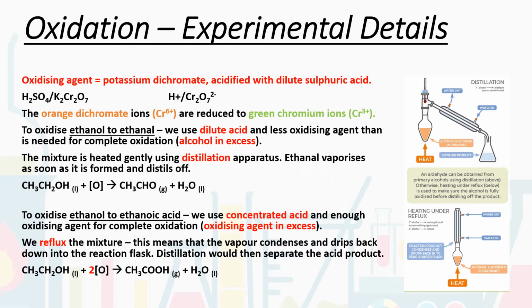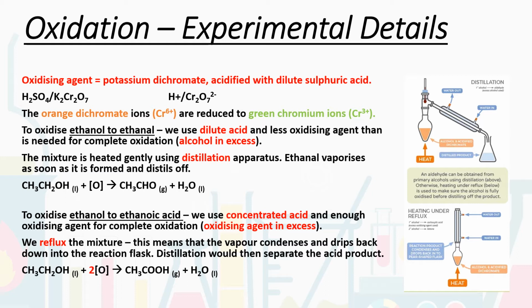Remember that reduction is the gain of electrons. This is a very useful colour change to know if it's worked, because chromium 6 is orange, chromium 3 is green. So if it asks you for the colour change in one of these oxidation reactions, it is orange to green.